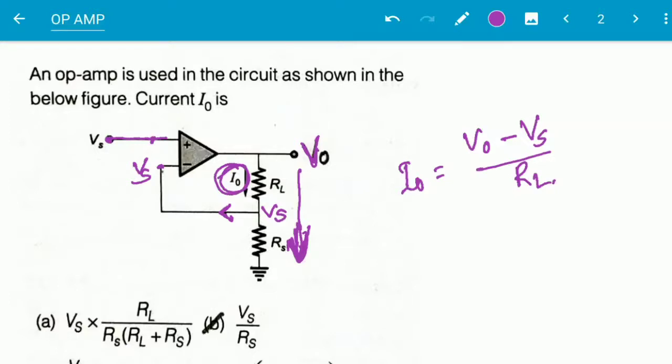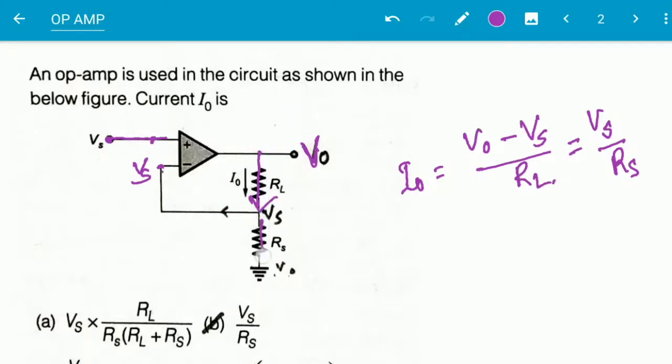(V0 minus Vs) by RL will be equal to Vs by Rs also, because this current is equal to this current, because no current flows this way into the op-amp. So I0 is equal to this current also.